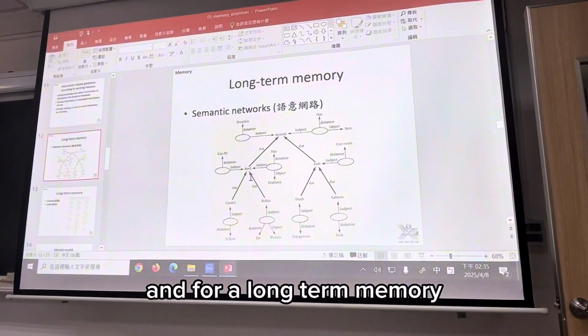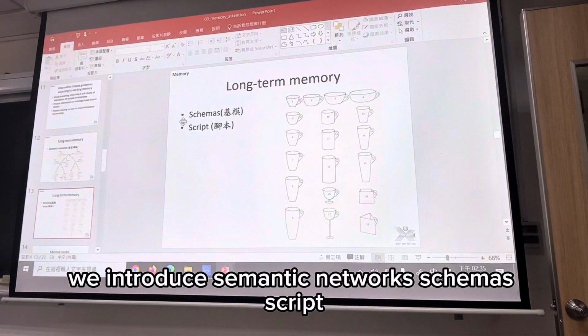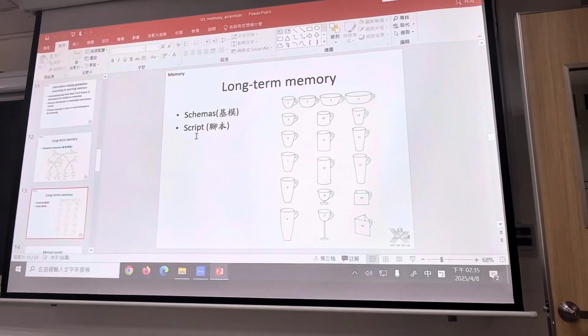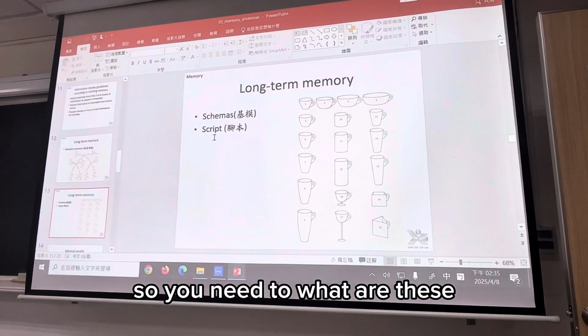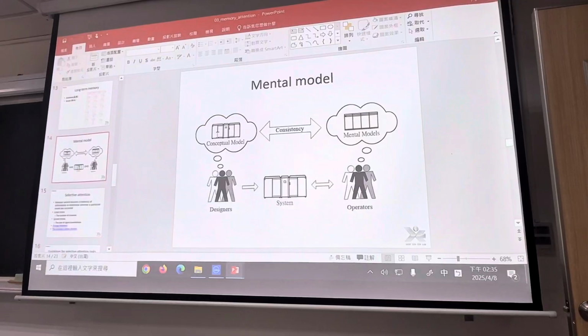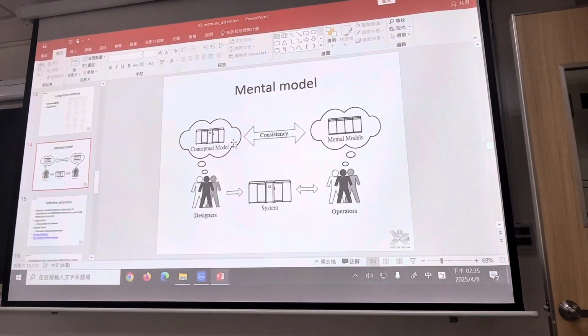And for the long-term memory, we introduce semantic networks, schemas, scripts. So you need to know what these are, and also what is a mental model.